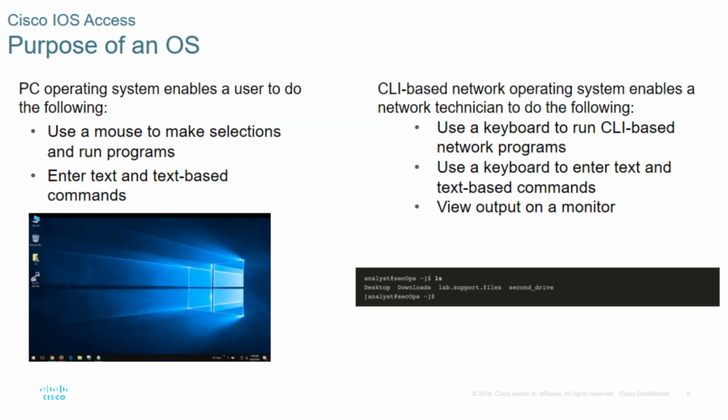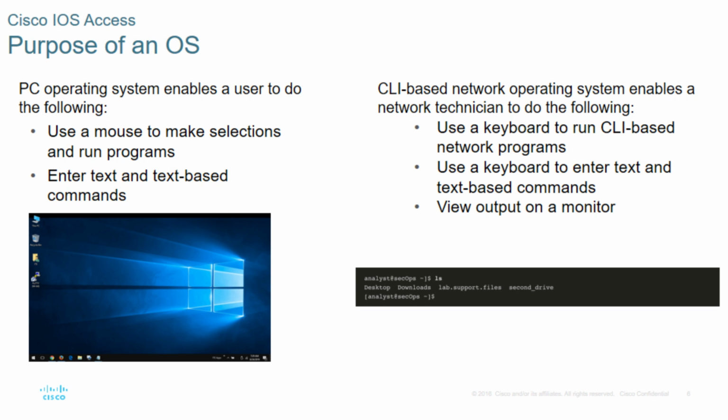Now, the purpose of an OS. Basically, network operating systems are similar to a PC operating system through a GUI. A PC operating system enables a user to use a mouse to make selections and run programs, enter text and text-based commands, and view output on a monitor.